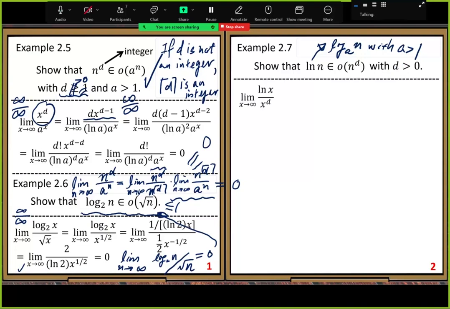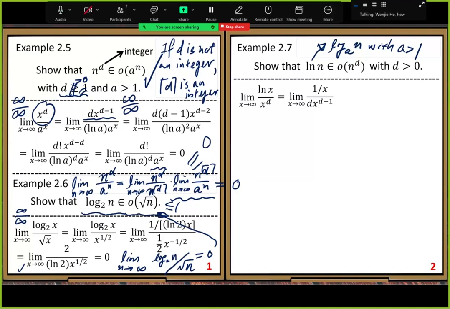L'Hopital's rule, the same L'Hopital's rule, in the continuous version also. The derivative of the natural log function is very simple, it's the reciprocal function, 1 over x.